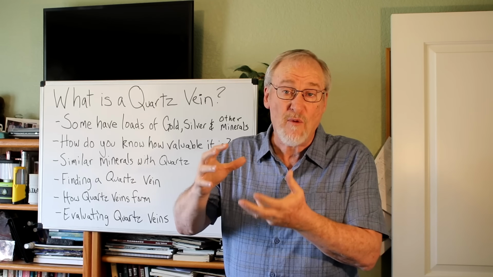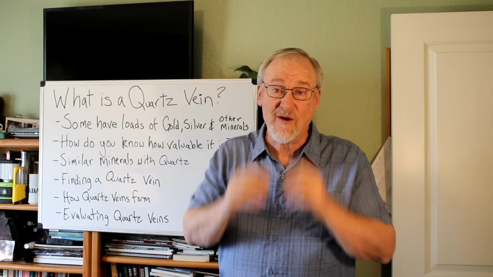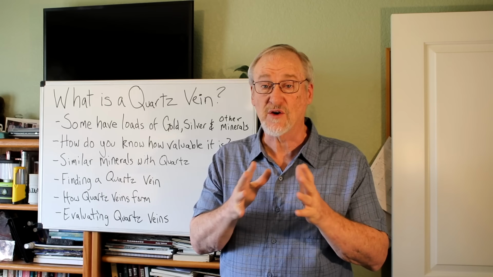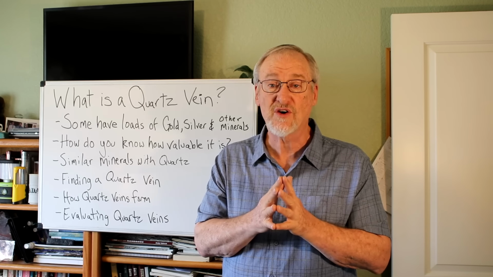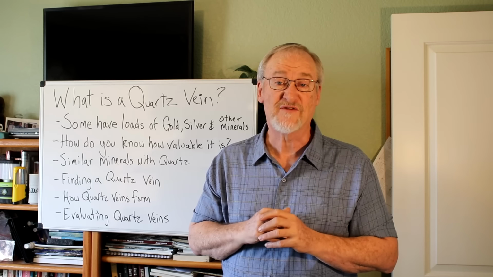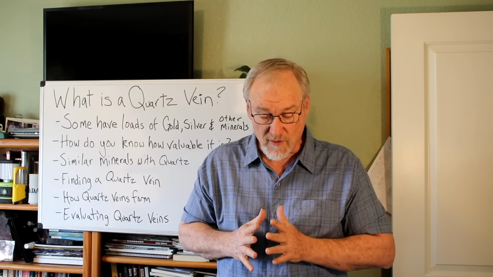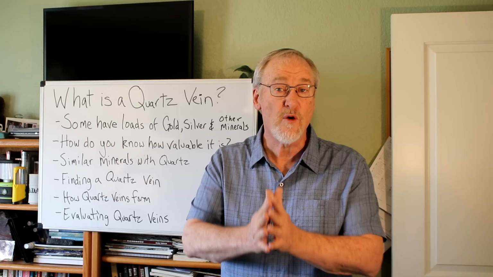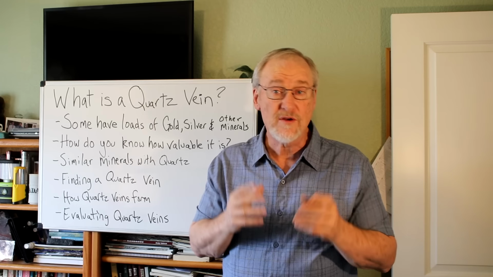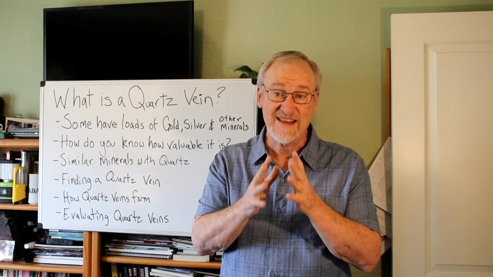Well, the hot water can dissolve the quartz out of those other minerals and then carry it along with the hot water until it gets someplace else that's either cooler or nearer to the surface, where the water goes through these fractures or fault zones, breaks in the rock. The break in the rock provides the conduit for the water to flow in. And as it gets to cooler places or nearer to the surface, the silica, the quartz that's in the solution, will drop out.